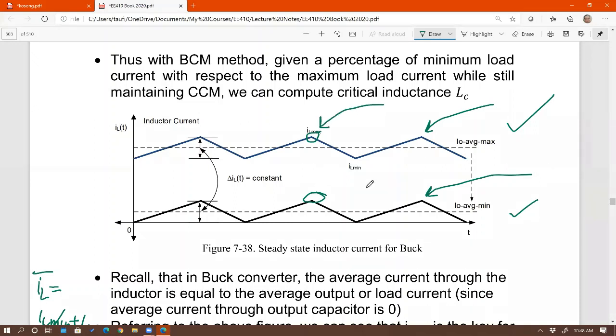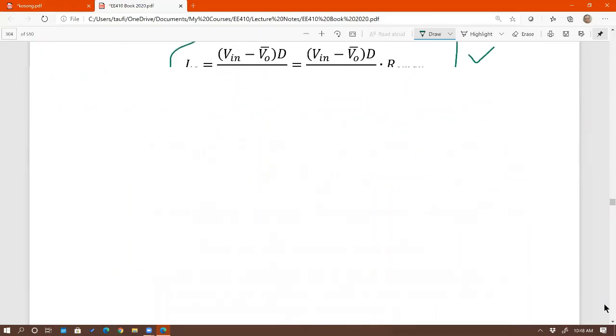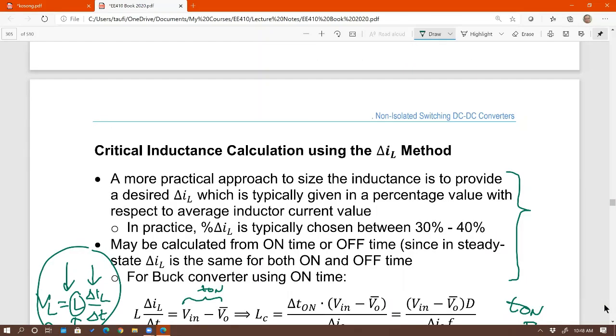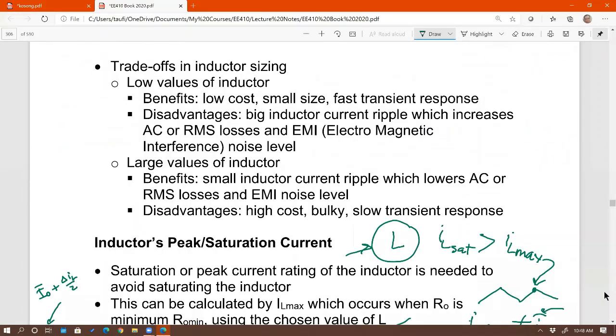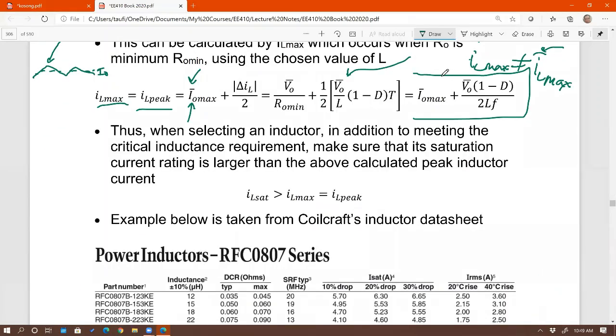Obviously, this IL max at min is going to be less than IL max at full. So that's why here I put I out max average. That's why I put max right there to signify that this comes from full load. This means full load.